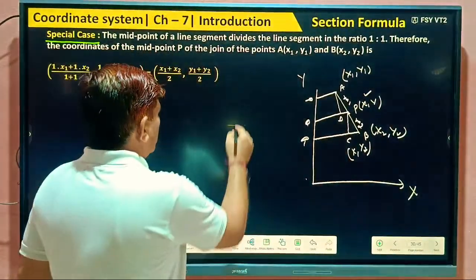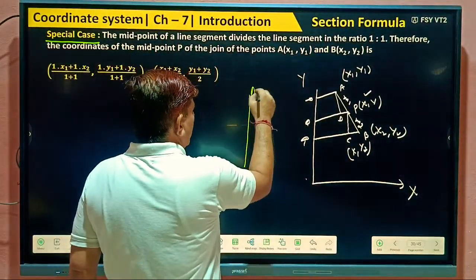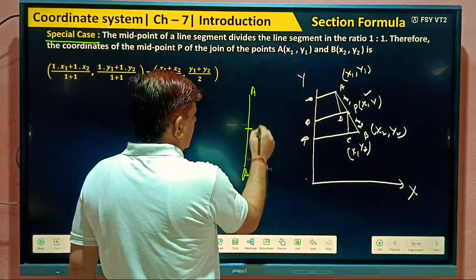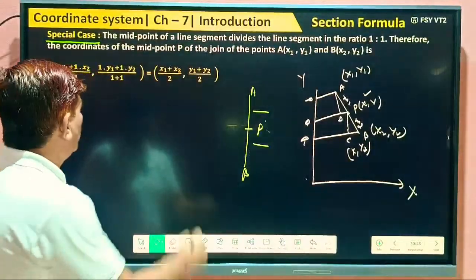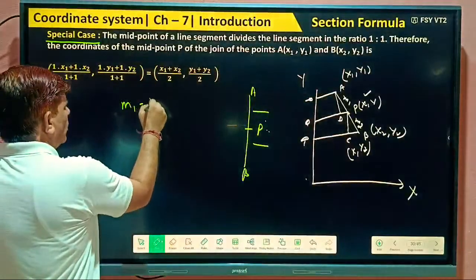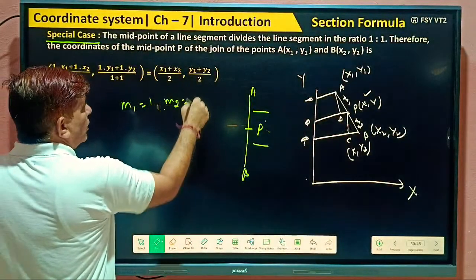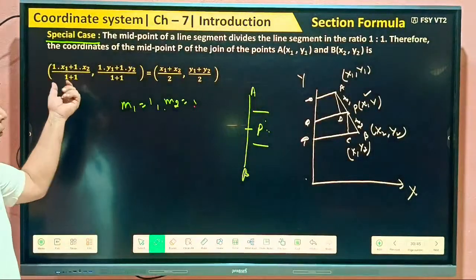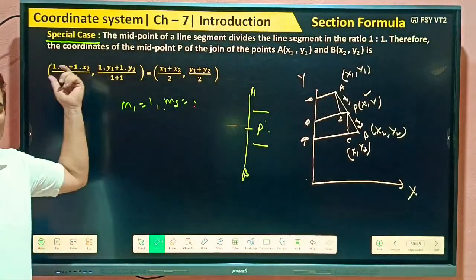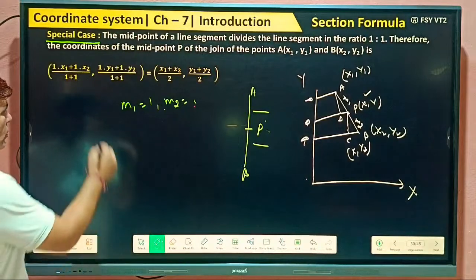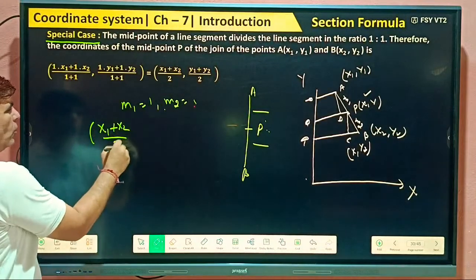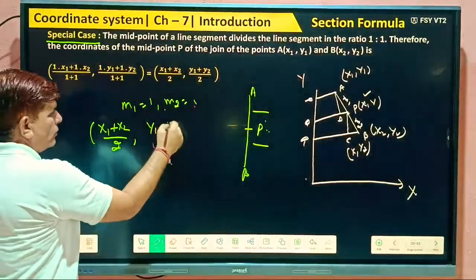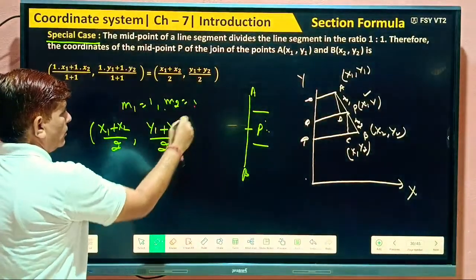So if this is a line, this is A, this is B, and this is the point P which divides it in the same ratio 1 raised to 1, it means M1 equals 1, M2 equals 1. If you put M1 and M2 as 1 in the section formula, this becomes (x1 plus x2) by 2, and this becomes (y1 plus y2) by 2.